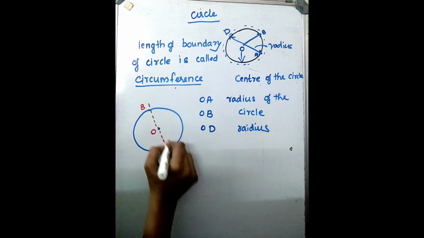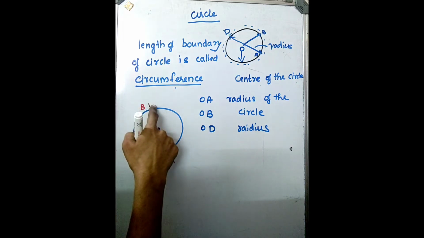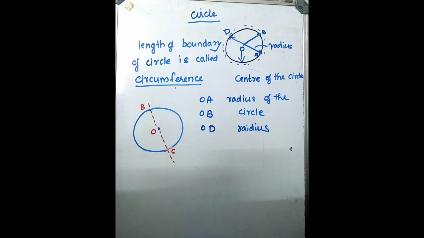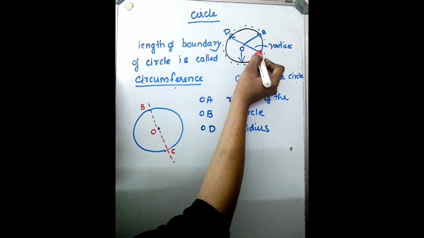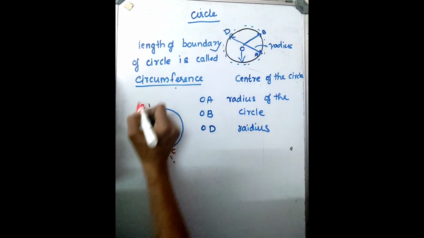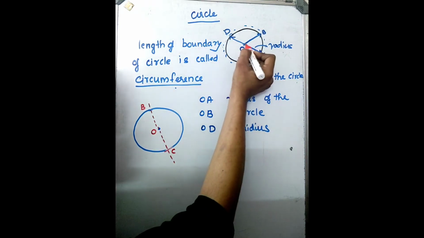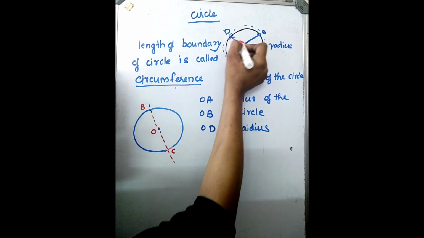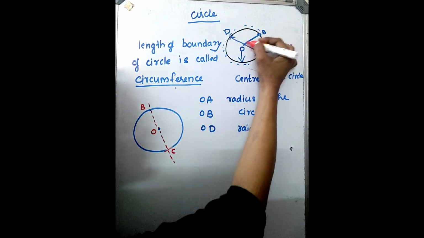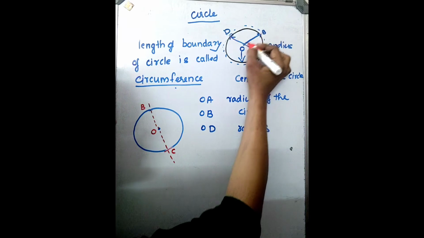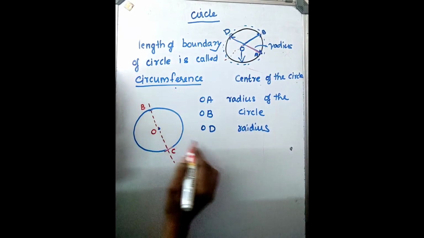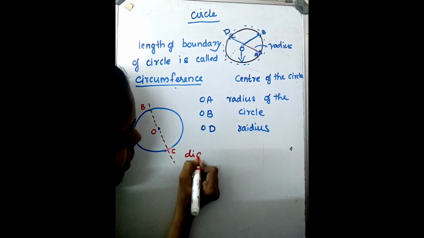Any line passing through the center and touching the edges of the circle is called the diameter. This is the radius; if I extend this line, it is called the diameter.